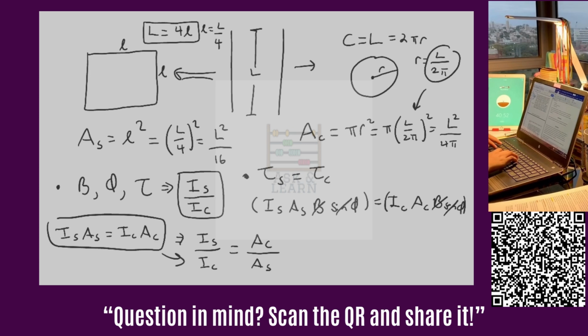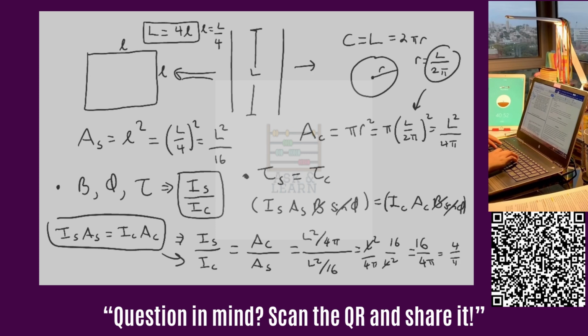Now, we know our expressions for that. The area of the circle is L squared divided by 4 pi, and we divide that by the area of the square, which is L squared divided by 16, right? We can divide these, flipping the reciprocal: L squared over 4 pi multiplied by 16 over L squared. We see the L squareds cancel, and this ratio is simply 16 divided by 4 pi, or 4 divided by pi.